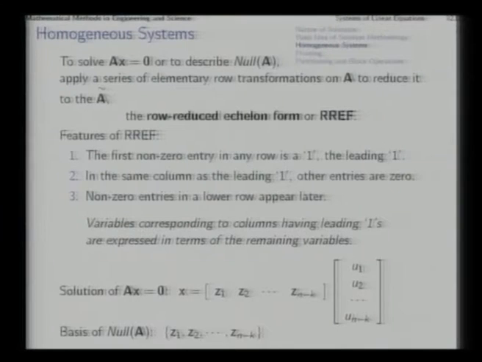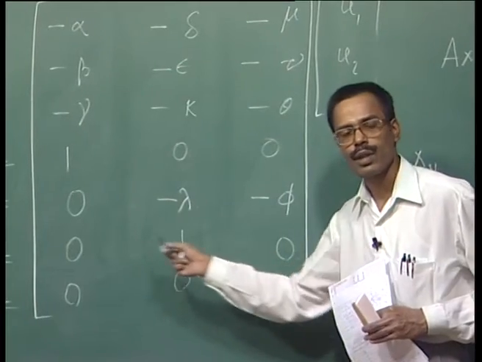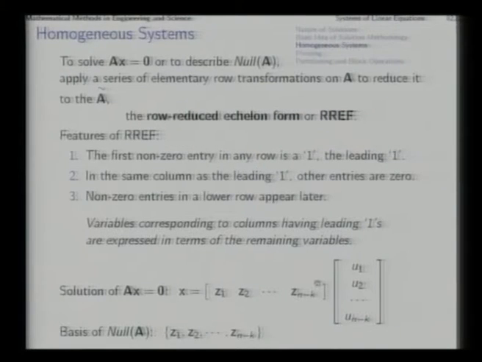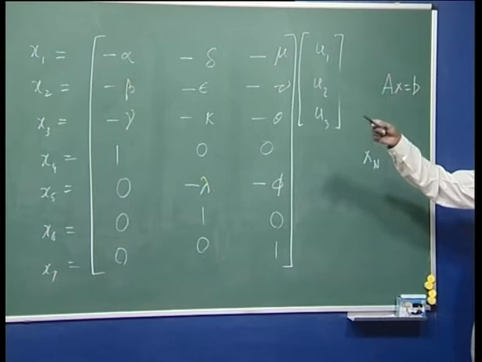So, the solution of Ax equal to 0 will be then written as this matrix having the null space members z1, z2, z3, etc. Here these 3 vectors are z1, z2, z3, the null space members. Okay. And how many of them will be there? In this case we have shown 3, that means this matrix has rank 4.